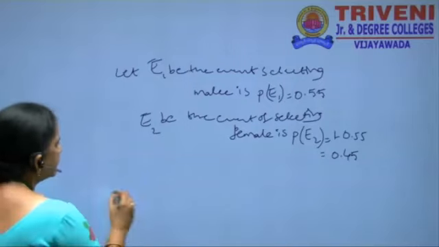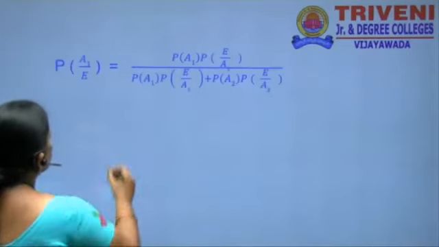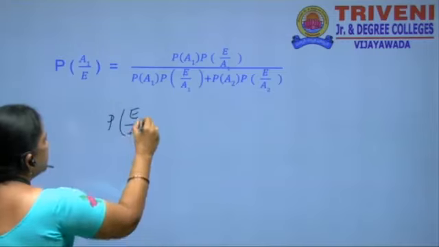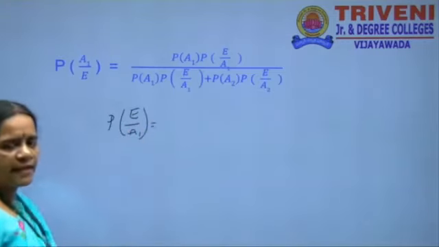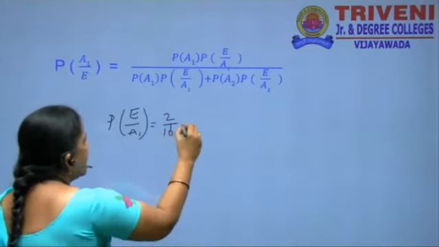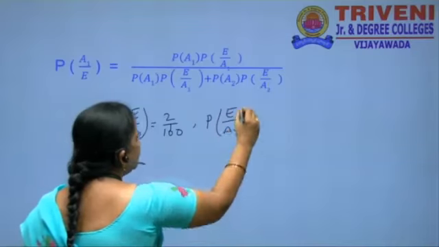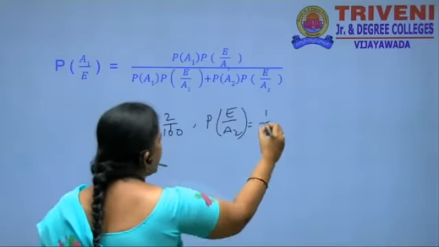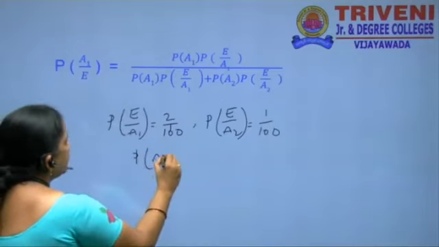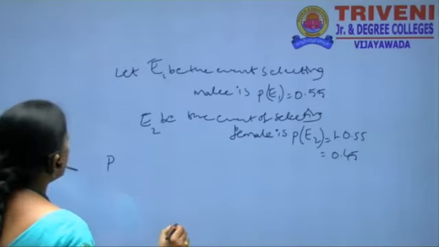Male has P of E by A1, that is 2 by 100. And similarly, P of E by A2 for females is 1 by 100. We know the values of P of A1, what is it here? P of A1.